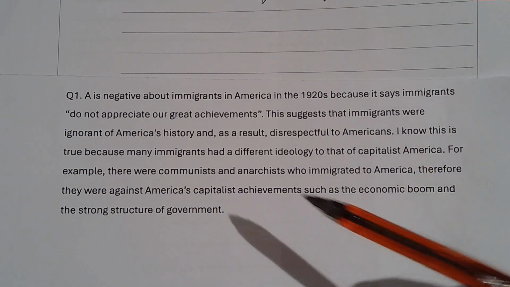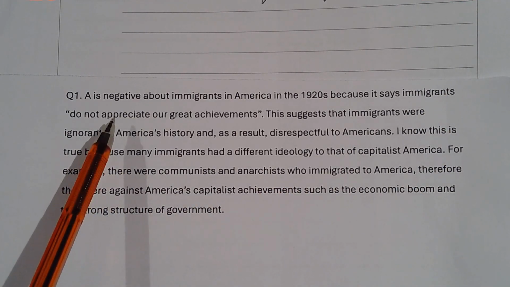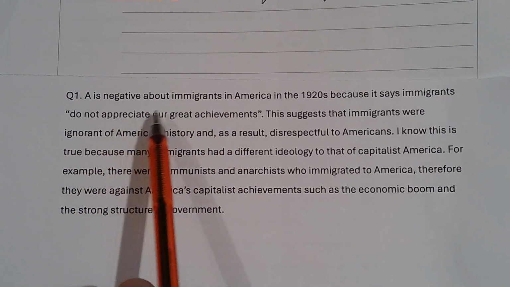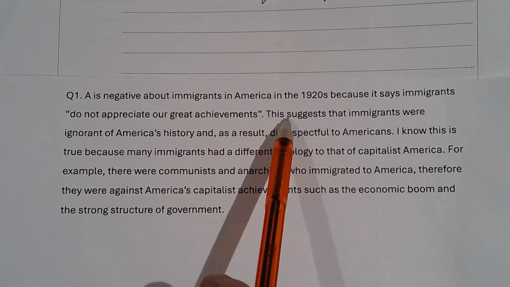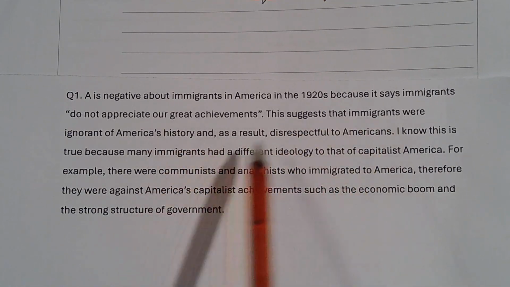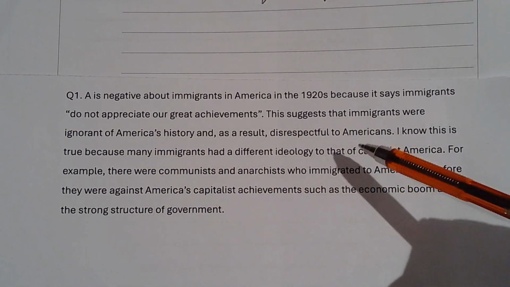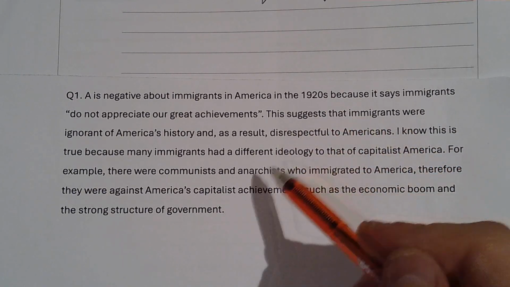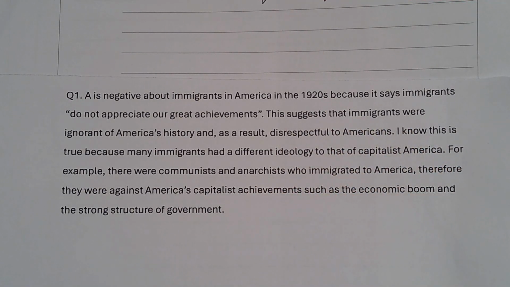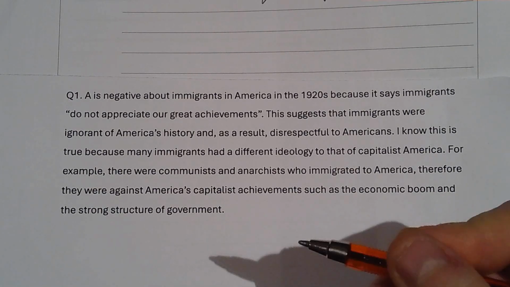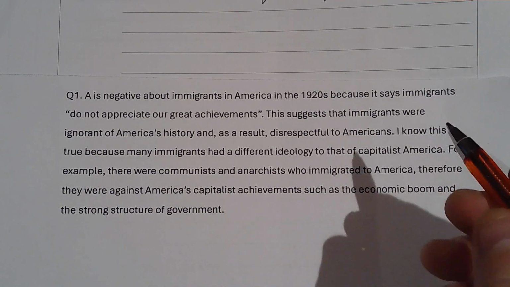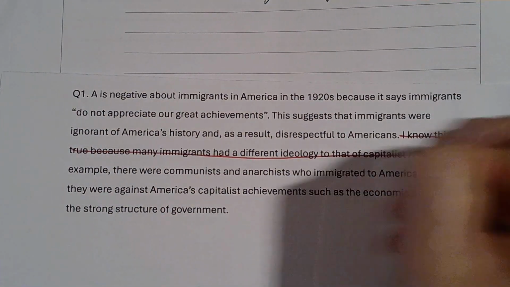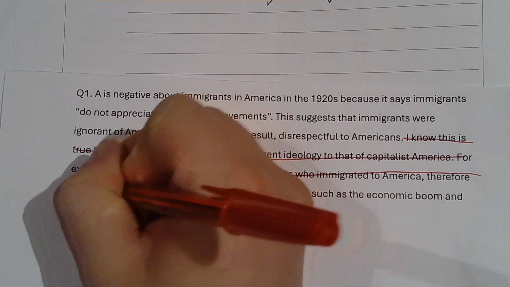And finally, another common mistake is that someone will talk about A is negative about immigrants, saying they don't appreciate our greatest achievement, and talk about what it suggests. And then they'd say, I know this is true because many immigrants had a different ideology to that of capitalist America. This is all really impressive language, it's really good, but it's not doing what the question is asking you to do. So this bit here is all irrelevant. You should not be using any contextual knowledge, any own knowledge here.